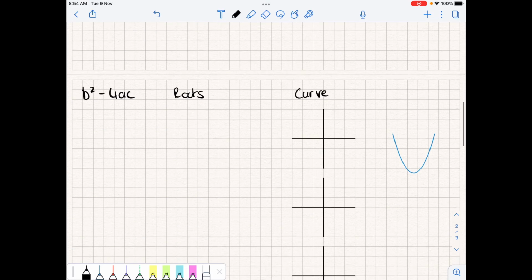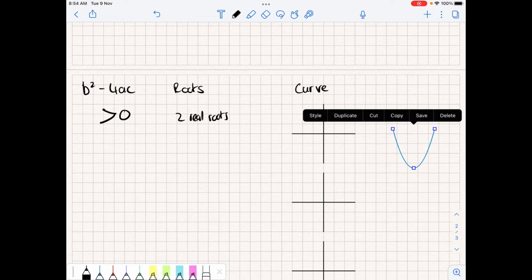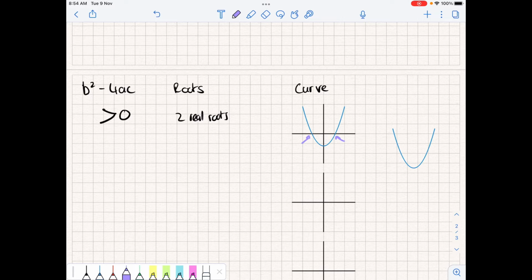Now, a visual way to represent this: if the discriminant is greater than 0, we saw that we had two real roots, and visually that would look something like this. You can see that we have two intercepts on the x-axis, and those are our roots.